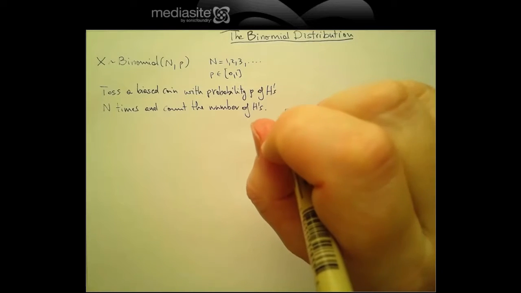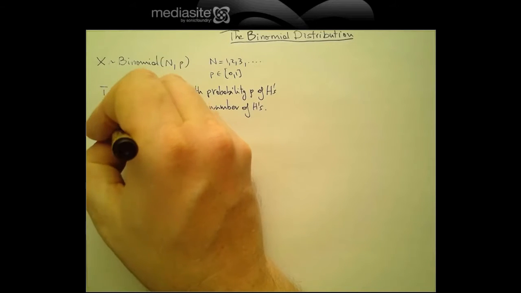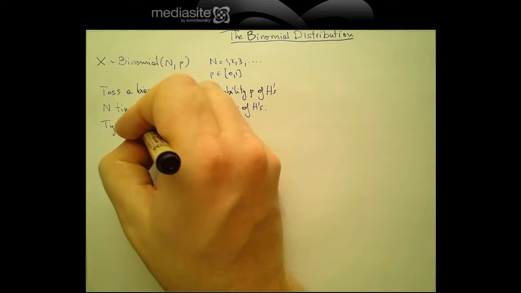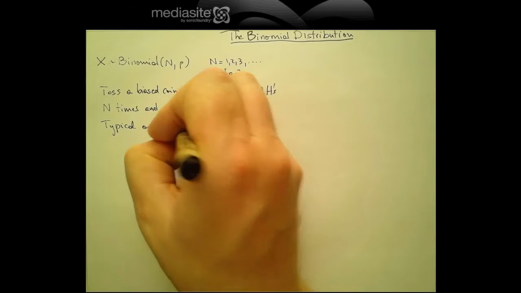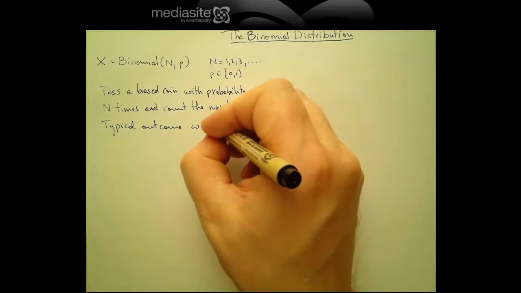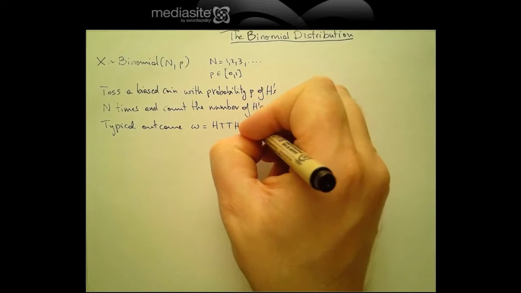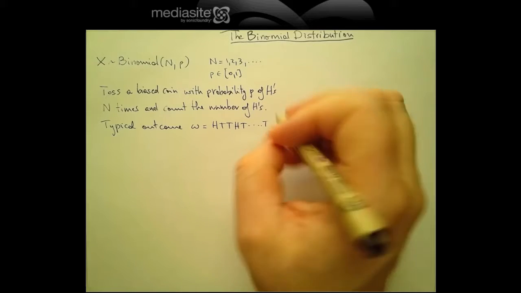Okay, so a typical outcome is, let's call it little omega. It's a string: head, tails, tails, head, tails, etc., of length n.